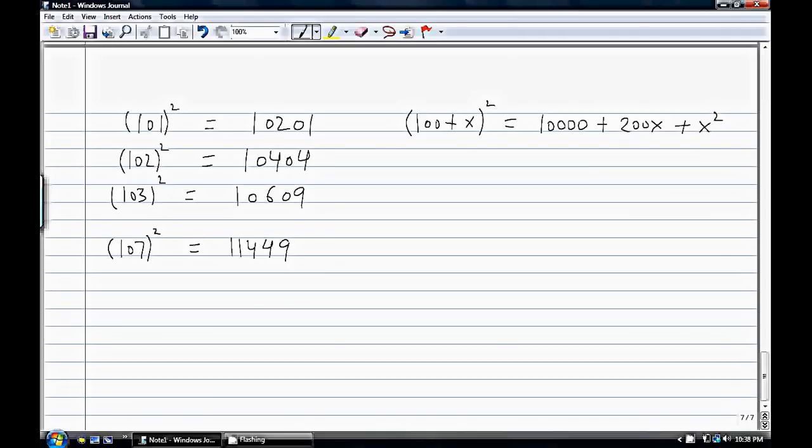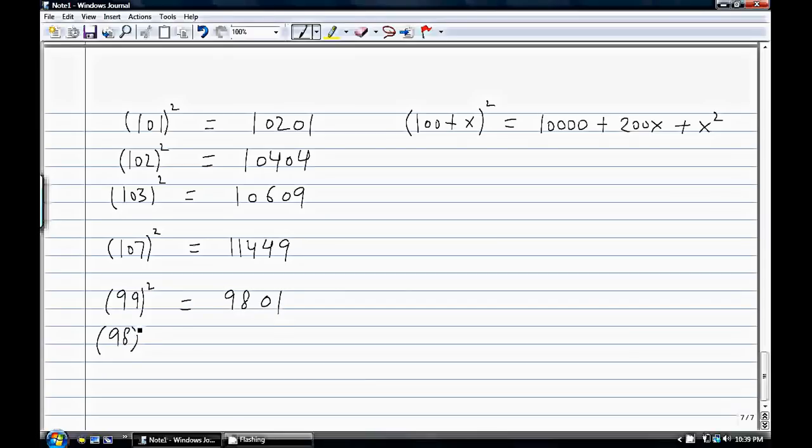So I can use the same formula to square numbers which are below 100: instead of writing x, I have to use minus x. Suppose I am squaring 99, then 1 times 2 is 2, so I will subtract 2 from 100, that will be 98, and then take the square of 1, that is 9801.